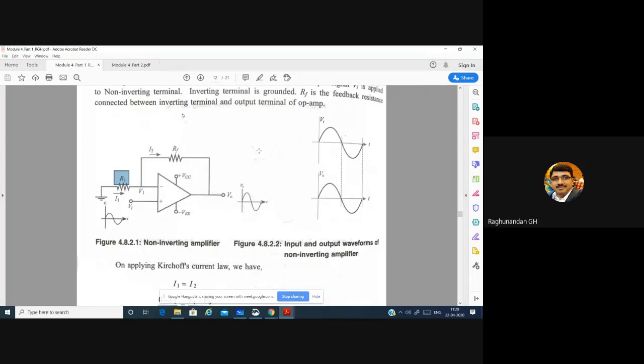That is 1 plus 20 kilo ohm by 10 kilo ohm, so that becomes 1 plus 2, which is 3. So the gain is 3. Just imagine, with this resistance we are able to reduce the 2 lakh gain to 3. Just compare 2 into 10 to the power 5, reduced to 3.